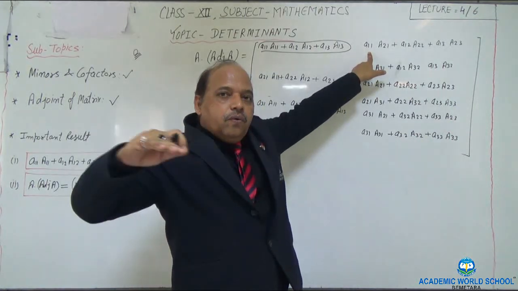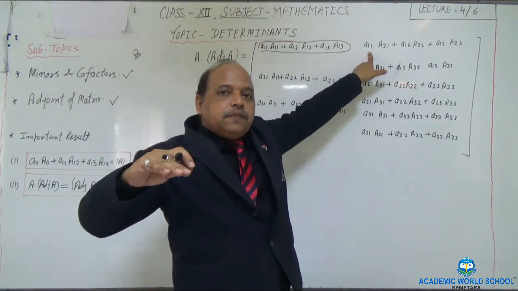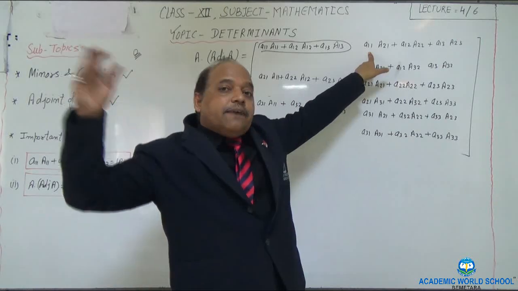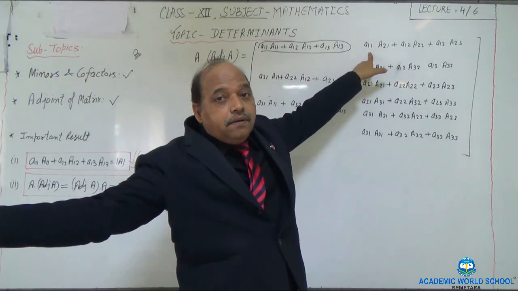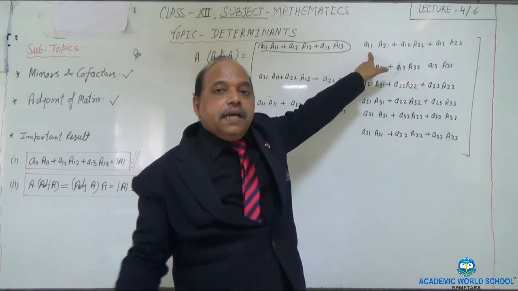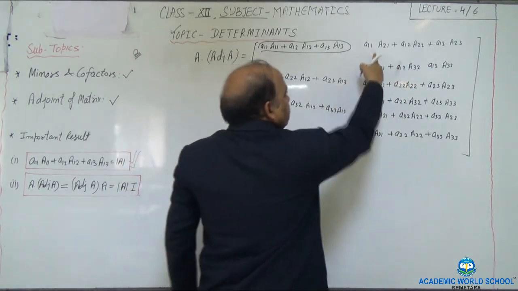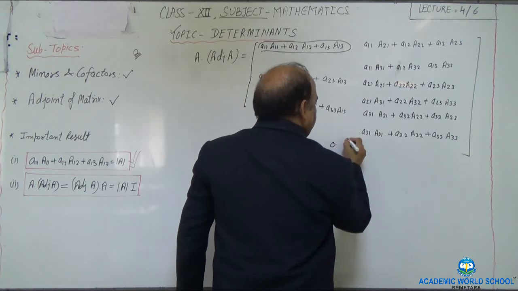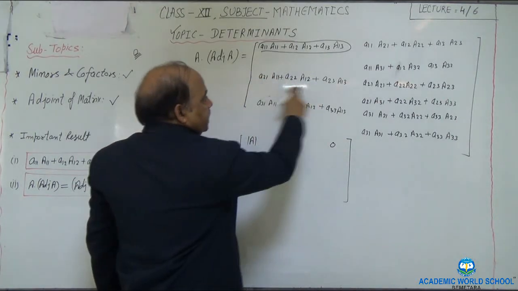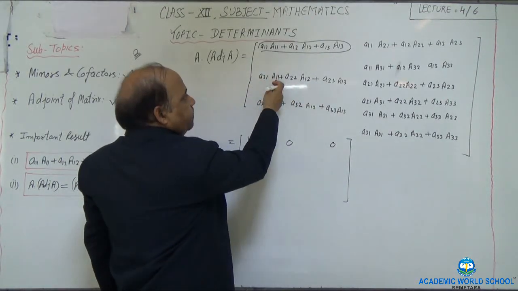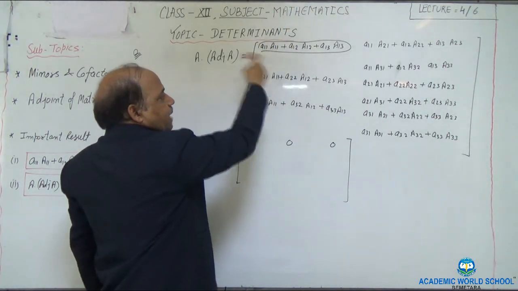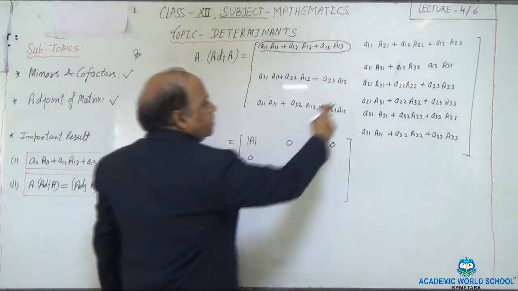In any row, if I multiply elements by cofactors of some other row's elements, then its value becomes 0. So this is written 0, this is written 0. I hope you are getting that. This is again A21 times A11, cofactor of a different element, so it will become 0.